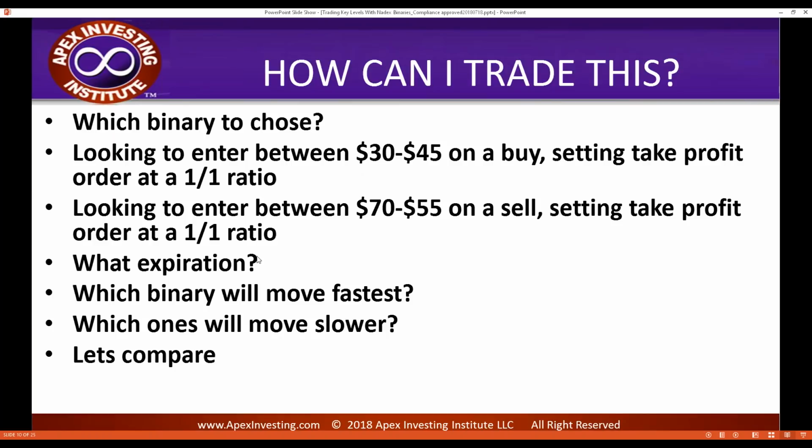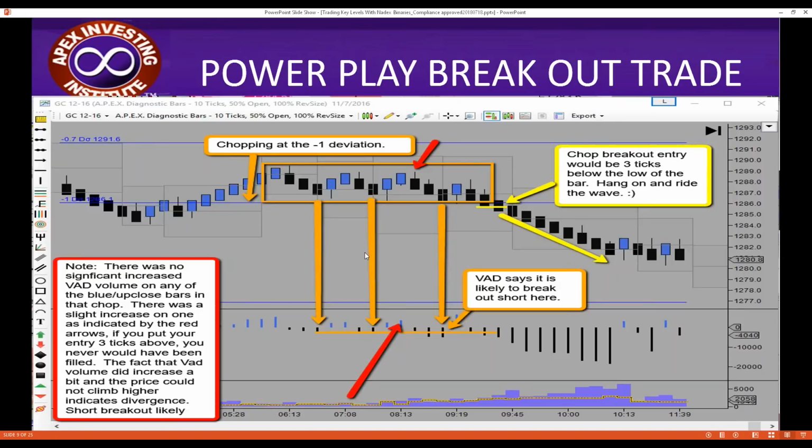I'm looking for a kink, a burst, double my money, get out, move on to the next one. Okay, so that is one of many ways, but my favorite way to trade Nadex spreads, but particularly binaries at key levels.